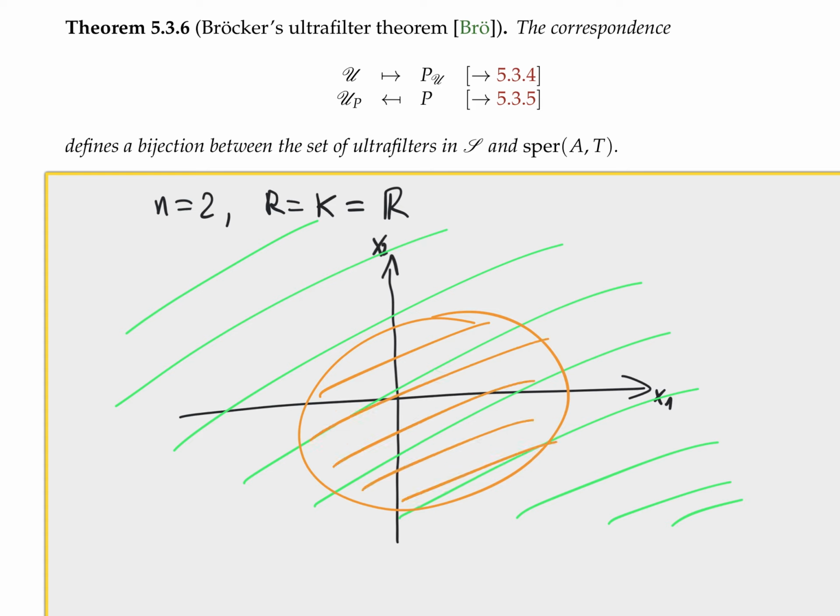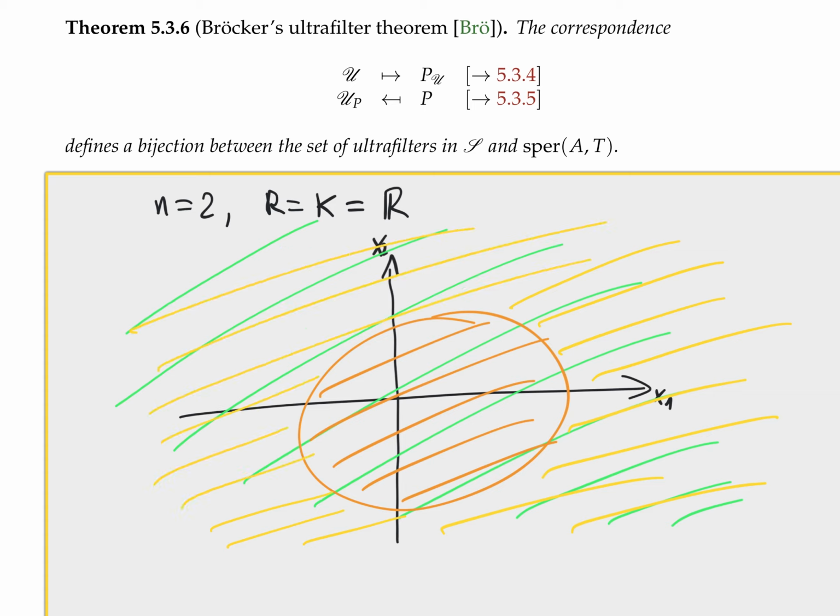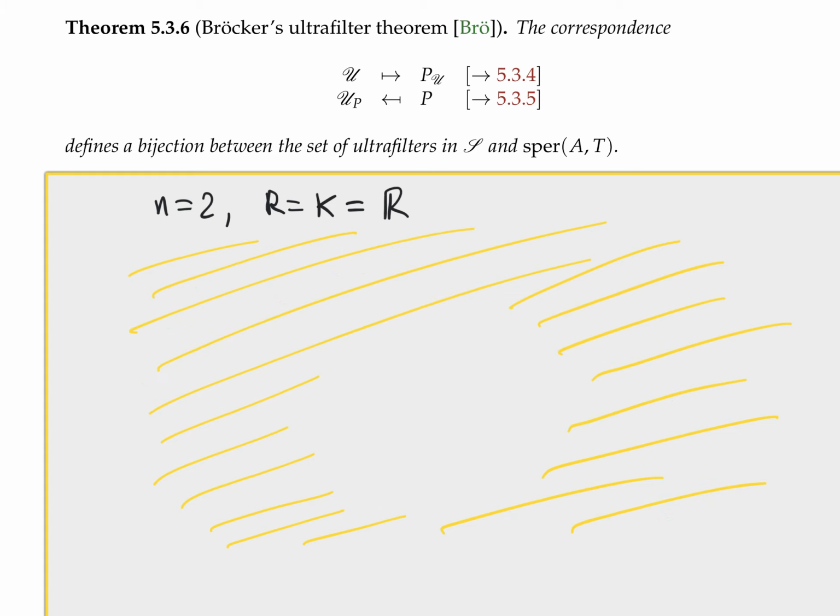Either the disk or its complement is a filter set. Now it depends on the filter, of course. So let's say the complement is a filter set. So we are here with the complement of a disk.